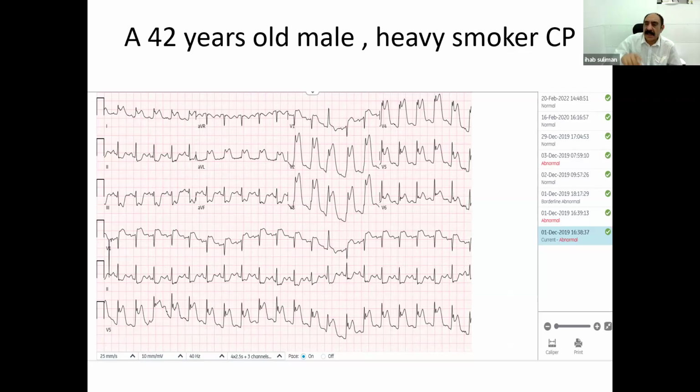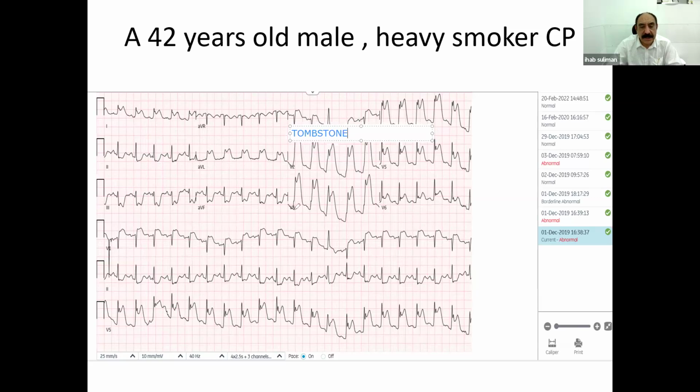I mean, it looks like a box shape ST elevation. So any volunteer? Tombstone. So this is a tombstone ECG, like the graveyard.